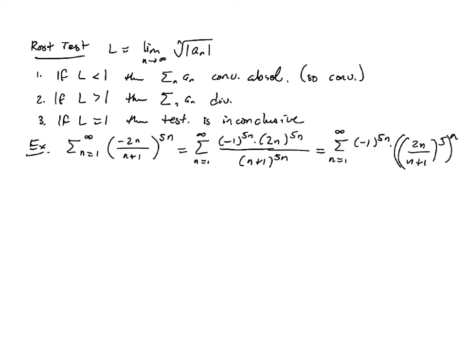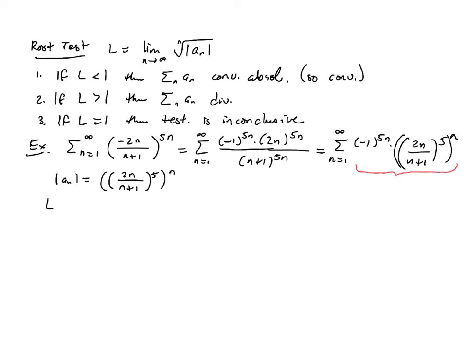And those are basic properties of exponential expressions. So the point here, again, this entire thing is my a_n. So when I take the absolute value, the signs disappear, and the absolute value of a_n is just going to be 2n over n plus 1 to the 5, quantity to the n.